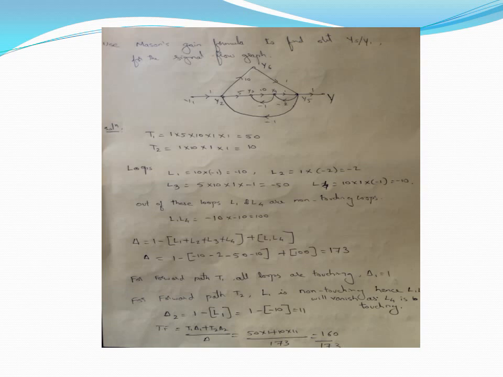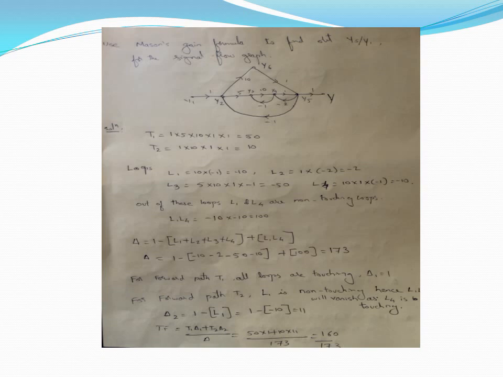Now we need to find delta 1. For forward path T1, which is y1, y2, y3, y4, y5 and y, all the loops are touching this forward path, so delta 1 will become 1. Now there is one more forward path T2, which is going from y1, y2, y6, y5 and y.